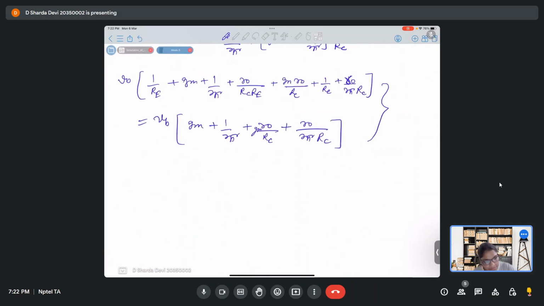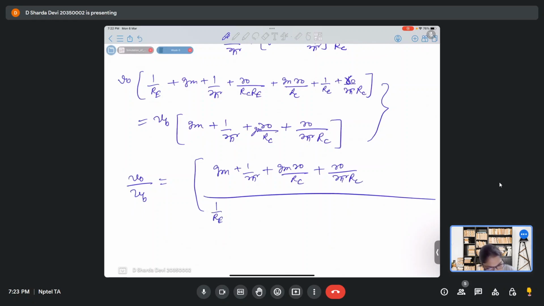So from here V naught by Vb is actually Gm plus 1 by R pi plus Gm R naught by Rc plus R naught by R pi Rc whole divided by 1 by Re plus Gm 1 by R pi plus R naught by Rc Re plus Gm R naught by Rc plus 1 by Rc plus R naught by R pi Rc. Okay, so let's check.